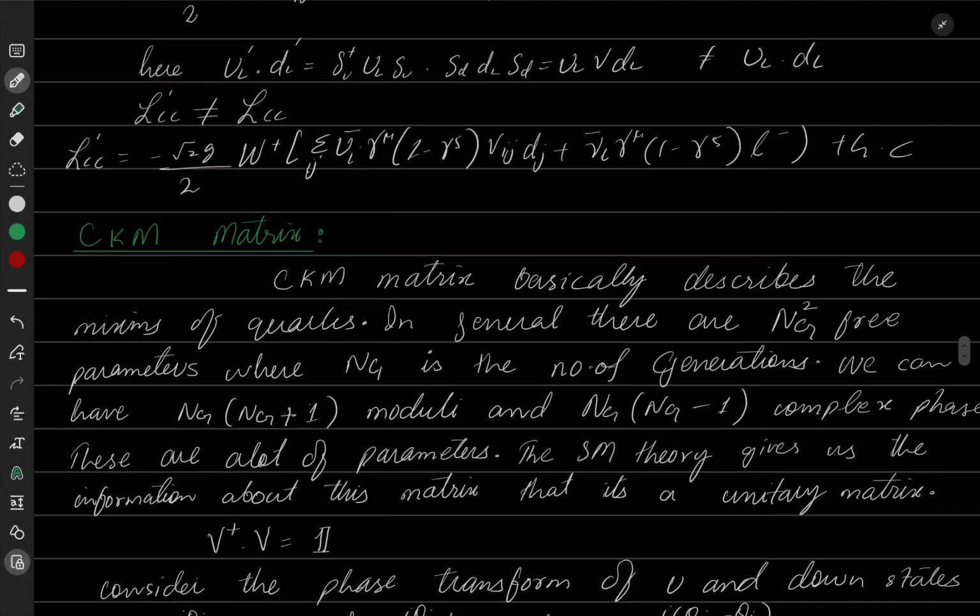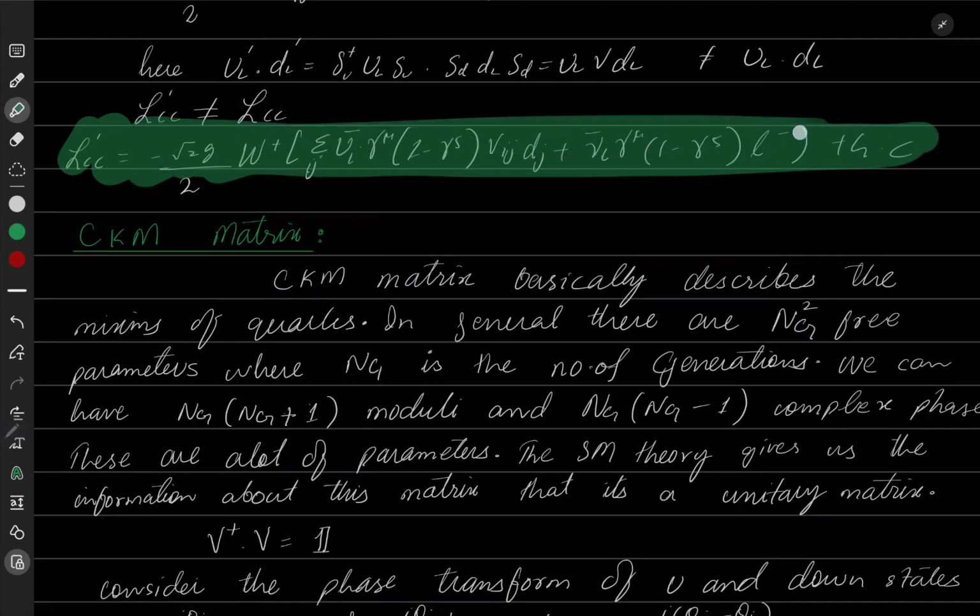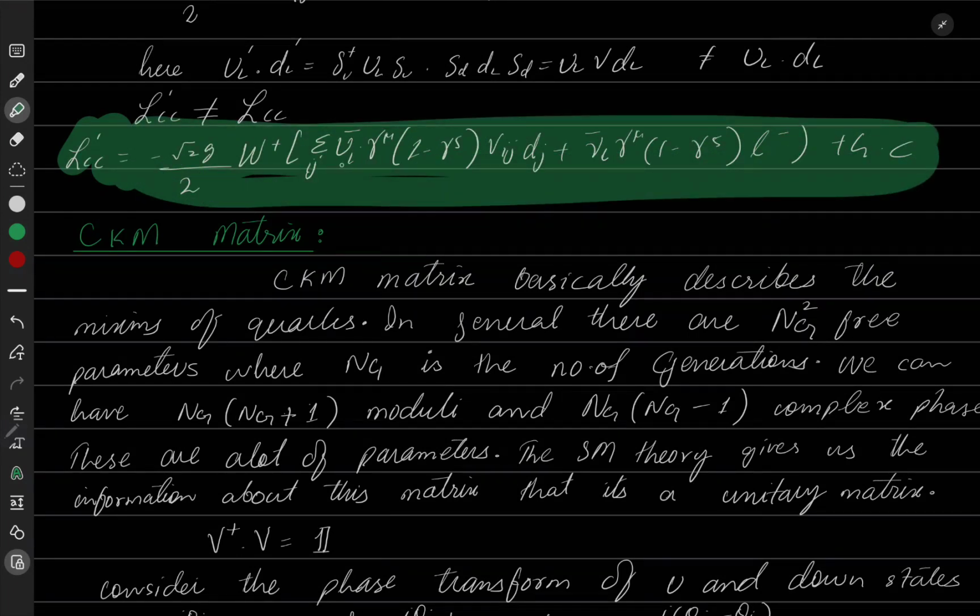Actually, the first requirement was that there was a mixing. If we look at the charged current term of the electroweak Lagrangian, then we can see a coupling between the up quark and the down quark. So basically it's not true that the up quark only couples with the down quark. In general, it can also couple with the strange quark and also with the bottom quark.